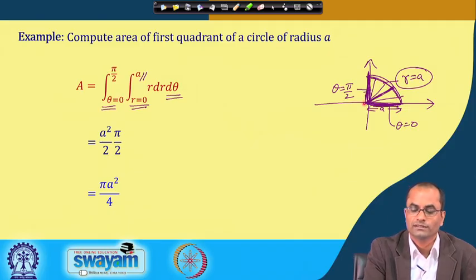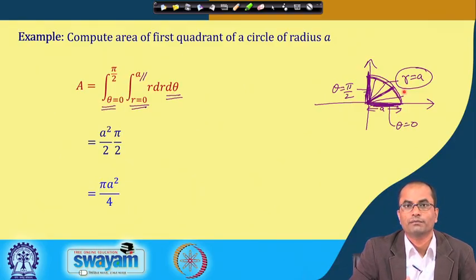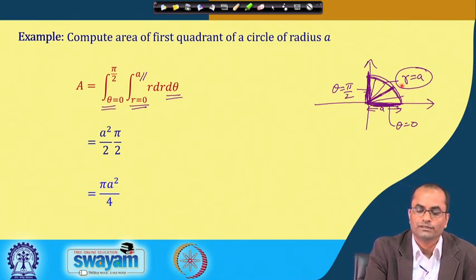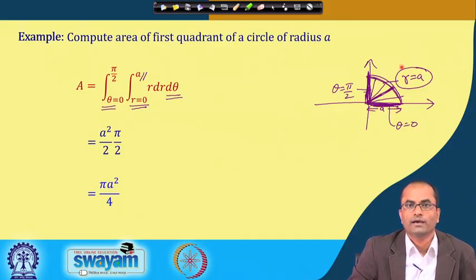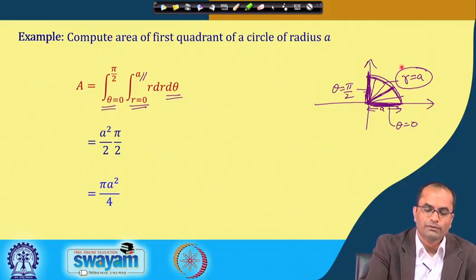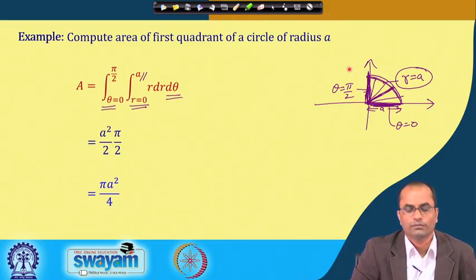So, to cover this region we go from r equal to 0 to r equal to a, but in Cartesian coordinates this will be x square plus y square equal to a square. So, we have to first compute the limit of x or y accordingly, and get the square root of a square minus x square or y square. That will make the integral a bit complicated.